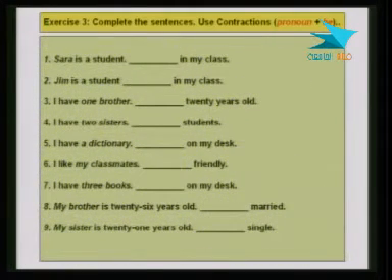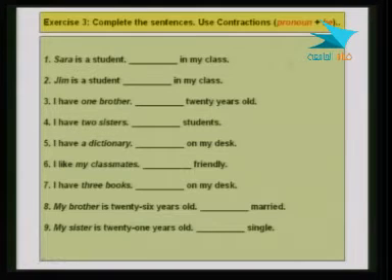Okay, now this is another exercise. Complete the sentences, use contractions. This exercise is on contractions. Remember in the previous lesson, number 7, we studied contractions, short forms, where we have pronoun plus the verb be. So Sarah is a student.